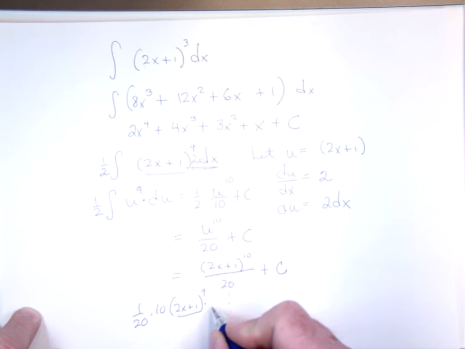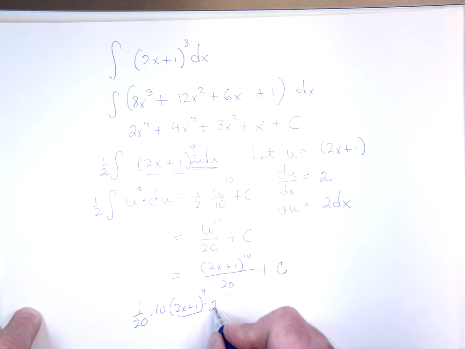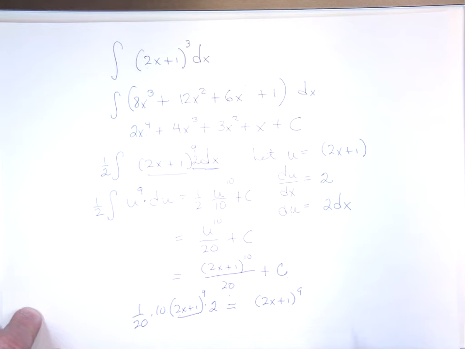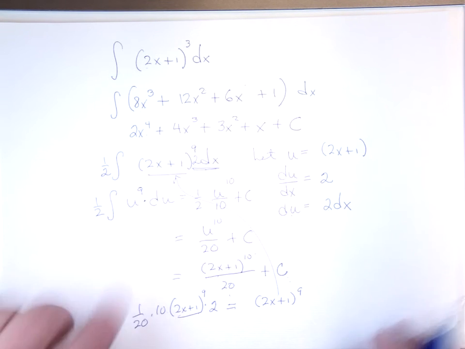The derivative of the constant is 0. I have a 20 over 20. They cancel out. I get 2x plus 1 to the 9th, which is exactly what I started with. Magic. It is magic.